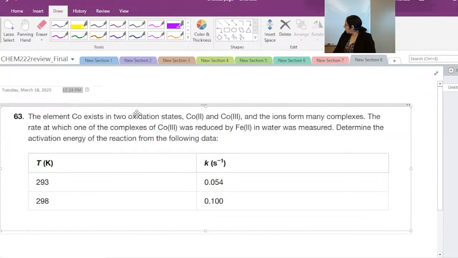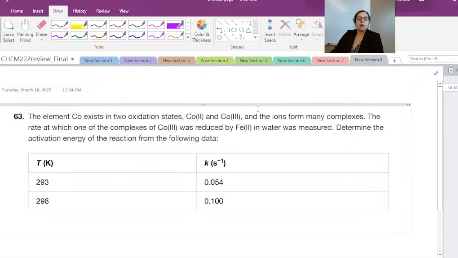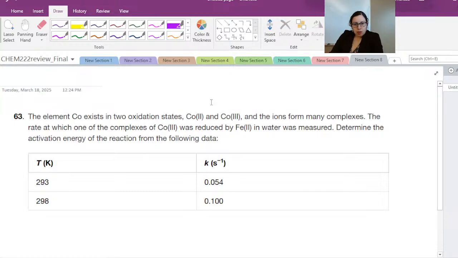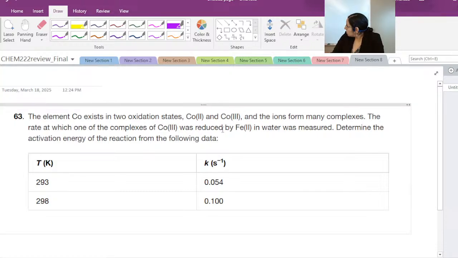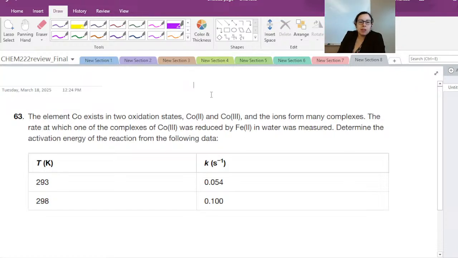So this is another example of kind of a real-world application for some of these. And so we'll talk about this a little bit more as we get into third quarter. But basically, usually you can measure some sort of stretching frequency, or maybe these are colored compounds, just like we did with our spectrophotometry lab.